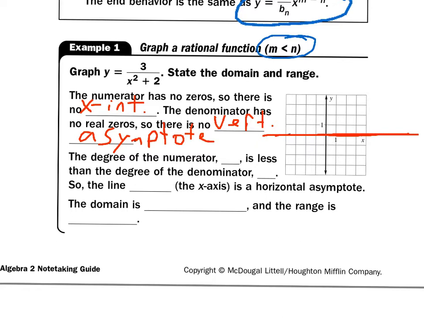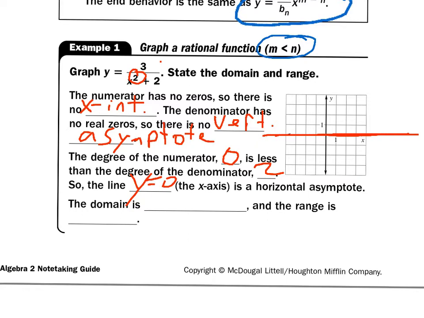Alright. The degree of the numerator in this situation is 0, which is less than the degree of the denominator, which is 2. So 0 on the top, 2 here on the bottom. So the line y equals 0, which we've already drawn, is going to be our horizontal asymptote.